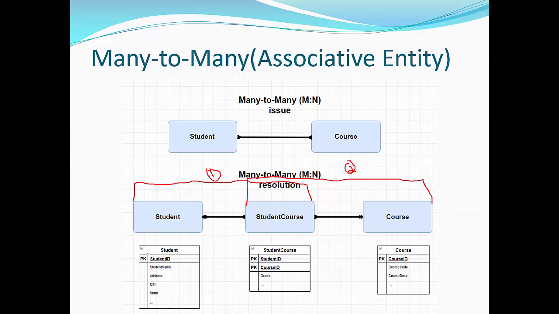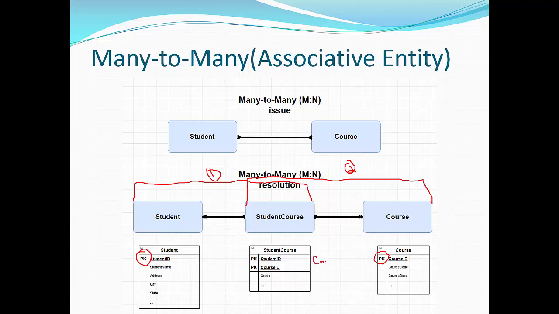Now you can see that in our many-to-many world, you had the primary key in the student entity, and you have the primary key in the course entity. But because we have introduced an associative entity to the mix, we have to make sure that we combine the primary keys of the two entities that we had in the many-to-many situation in the associative table. That way you would have a composite primary key.